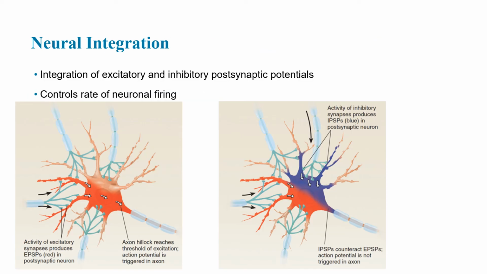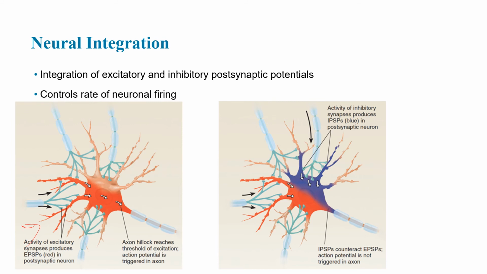Let's look at that in another way, how this excitation and inhibition works. When you've got a lot of neurotransmitters that are causing excitation, it increases the chance of it firing to the point where, what you see on the left, the neuron ends up firing because it reaches the action potential.